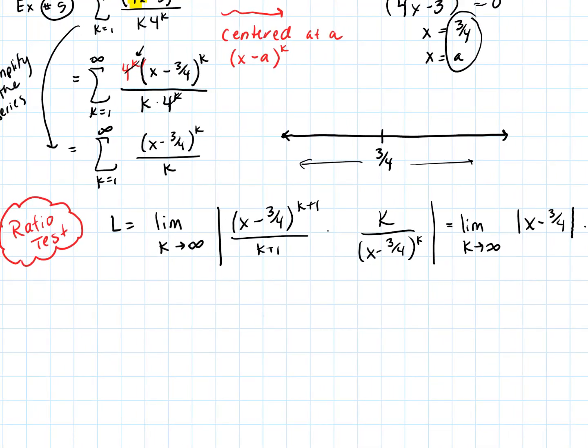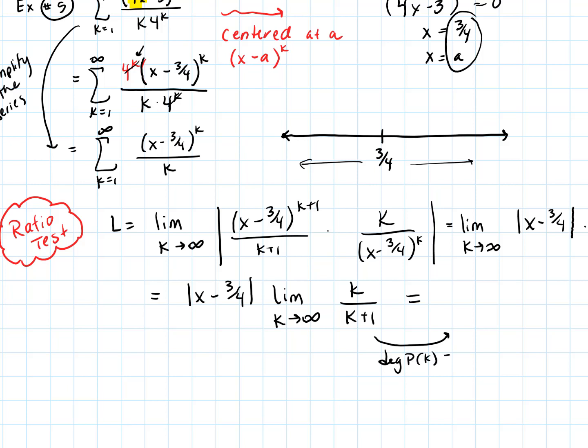Now the x minus 3/4 is a constant in terms of this limit, so I can pull that all the way out, x minus 3/4, and then just take the limit as k approaches infinity of k over k plus 1. If I want to use the degree of p of k equals the degree of q of k, that's got to just be equal to 1.